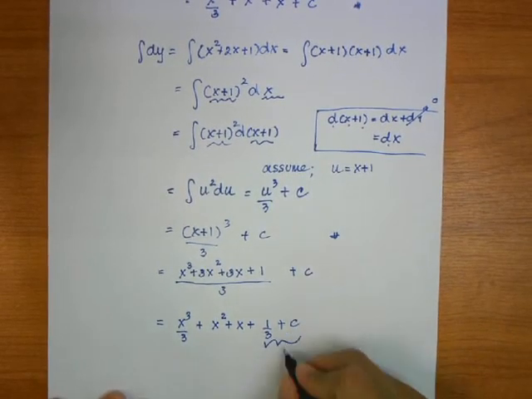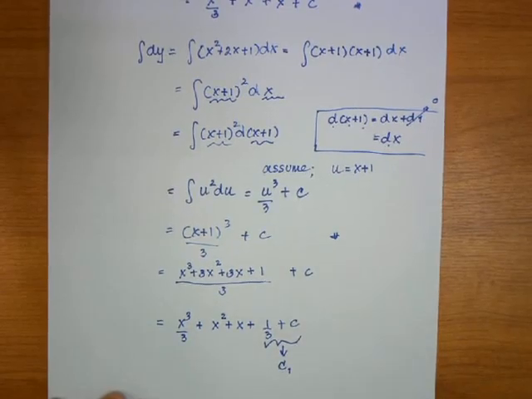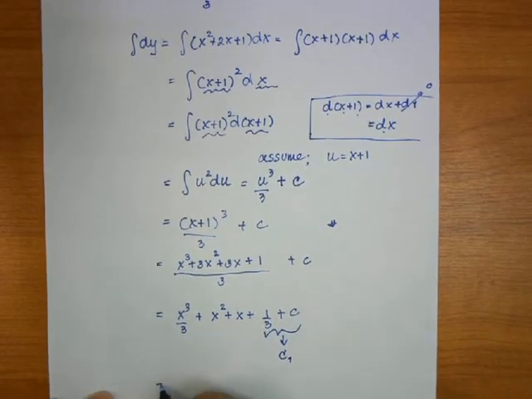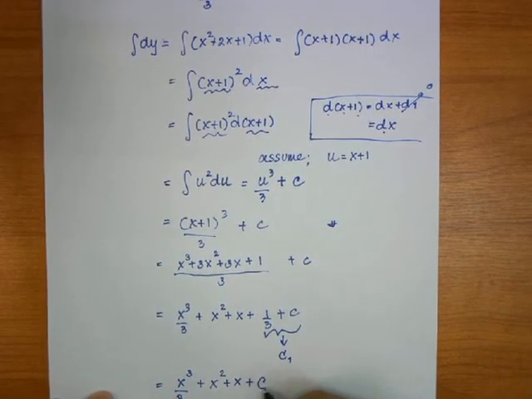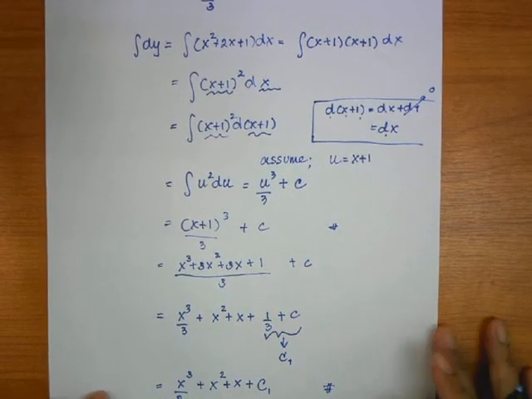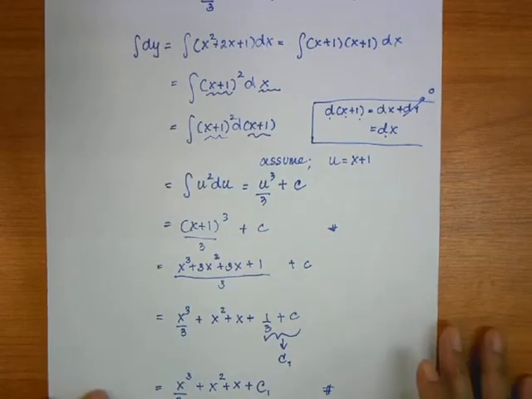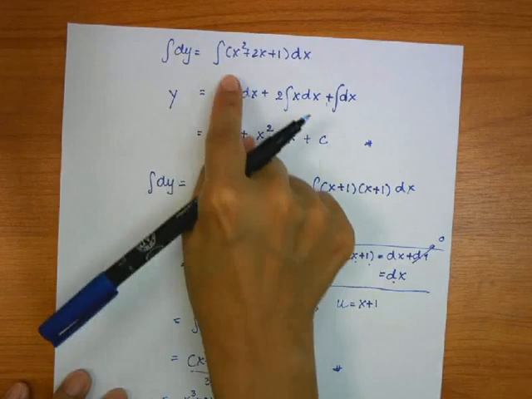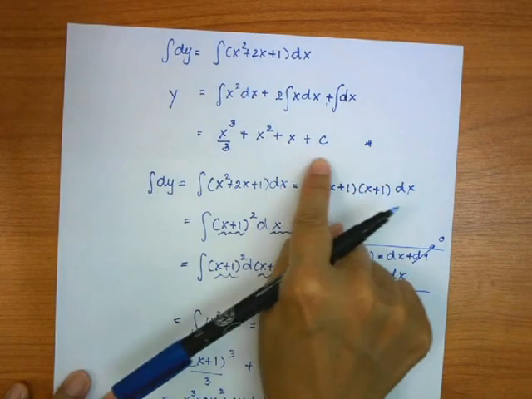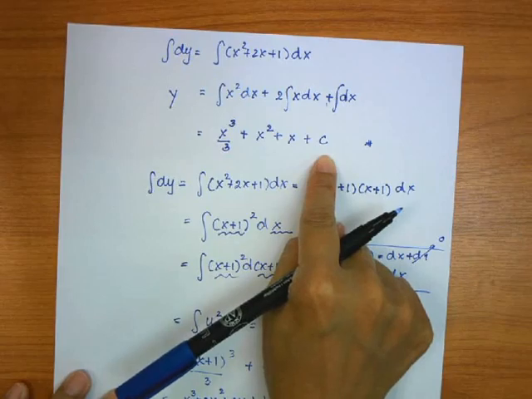So you can make it as c1, which is a constant. So at the end you would get x to the power 3 divided by 3 plus x squared plus x plus c1, which is the same answer as the one that you get from individual integrals, right? This is exactly the same.